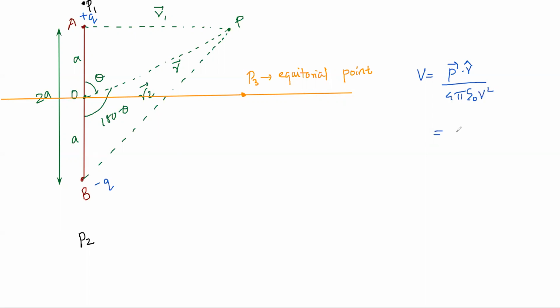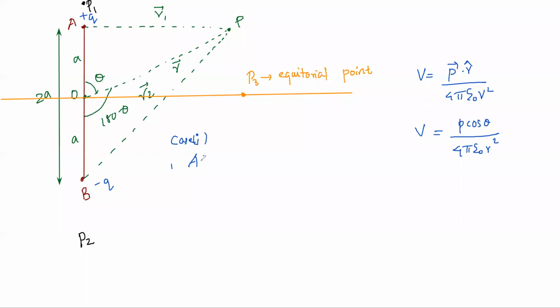So we can write p vector dot r cap as p cos theta, because r cap is unity, over 4 pi epsilon naught r square. So we are measuring theta from the plus q side. So when we consider the point P1, this point will be here, so theta will be 0 degree.